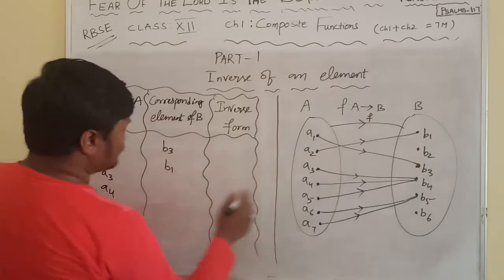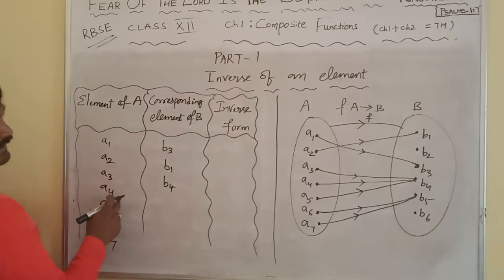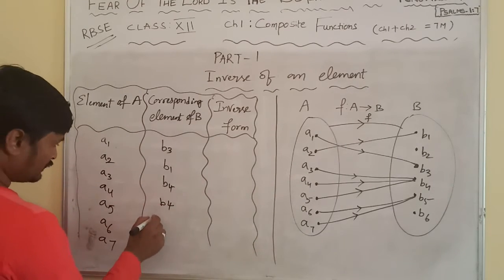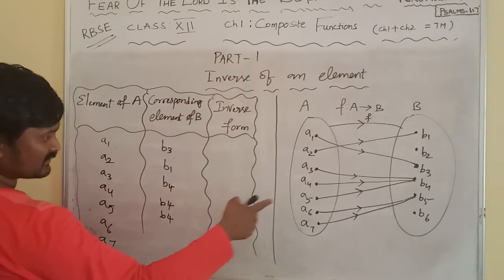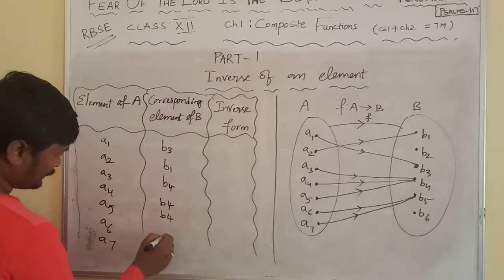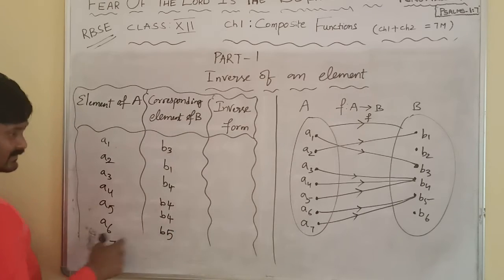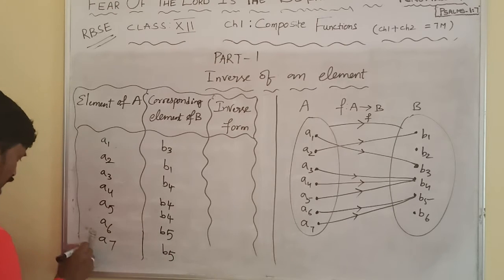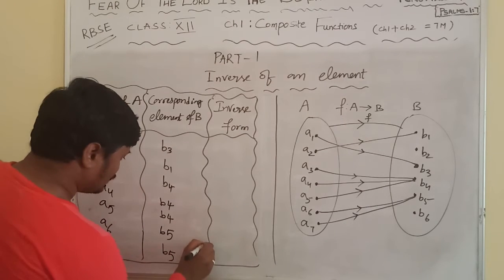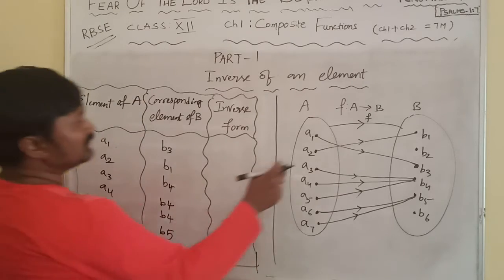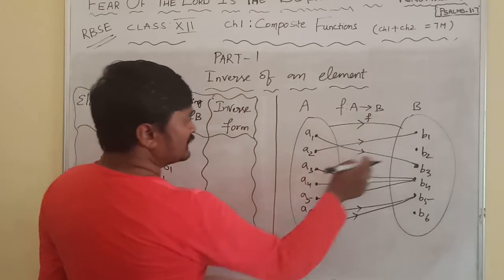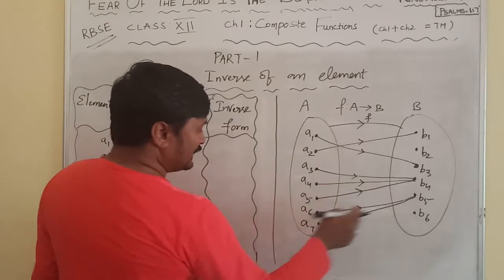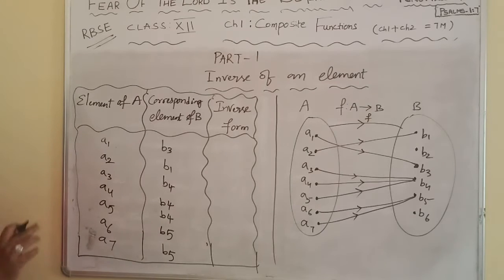A3 is associated with B4. A4 also is associated with B4. A5 also is associated with B4. A6 is associated with B5. A7 is also associated with B5 only. I hope you are understanding what I am explaining. So A1 B3, A2 B1, A3 B4, A4 B4, A5 B4, A6 B5, A7 B5. That is what was written here.